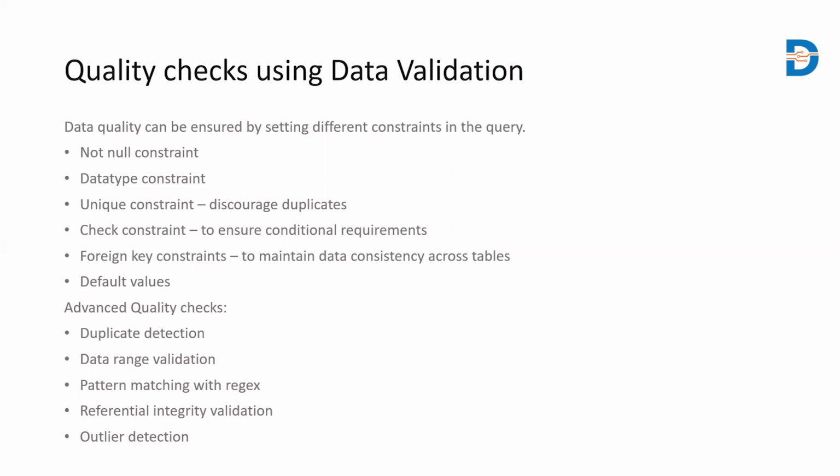Apart from these regular constraints that you can use in your SQL, you also have advanced quality checks. One such advanced quality check is duplicate detection. You can write code using GROUP BY and HAVING clauses to find duplicate entries in a table, for example, finding duplicate emails or duplicate IDs. If you haven't entered those constraints while defining your table, you can also do this checking once the table is created and delete those duplicate rows. You can also write code for data range validation.